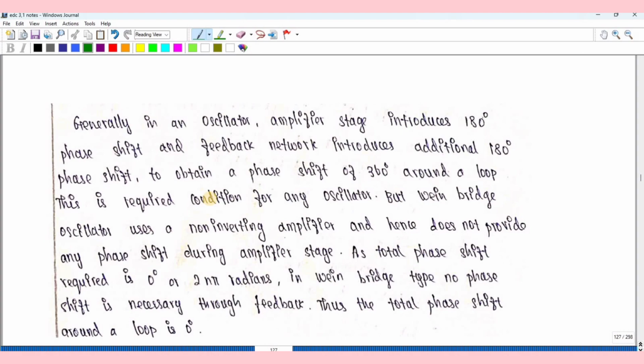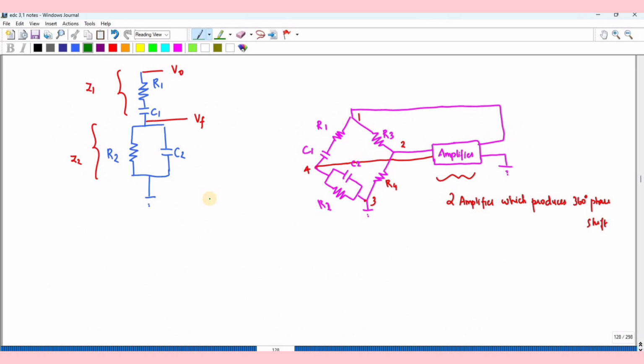This is a condition required for an oscillator. But in the Wein bridge we are using a non-inverting amplifier which doesn't produce any phase shift, and the balanced bridge network also is not producing any phase shift. So totally it is producing a 0 degree phase shift.